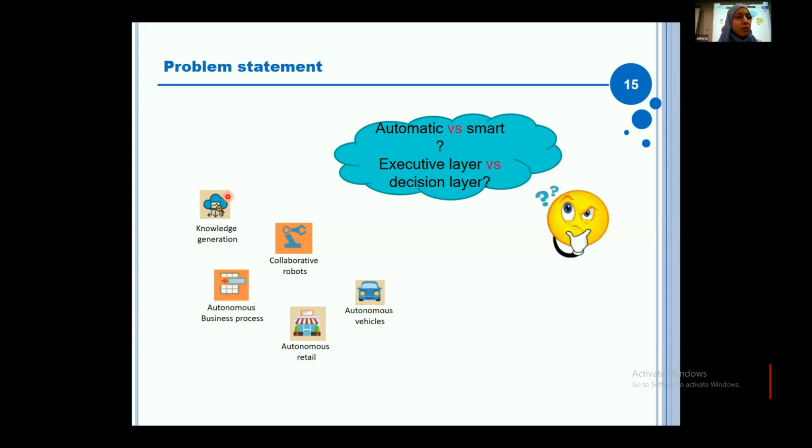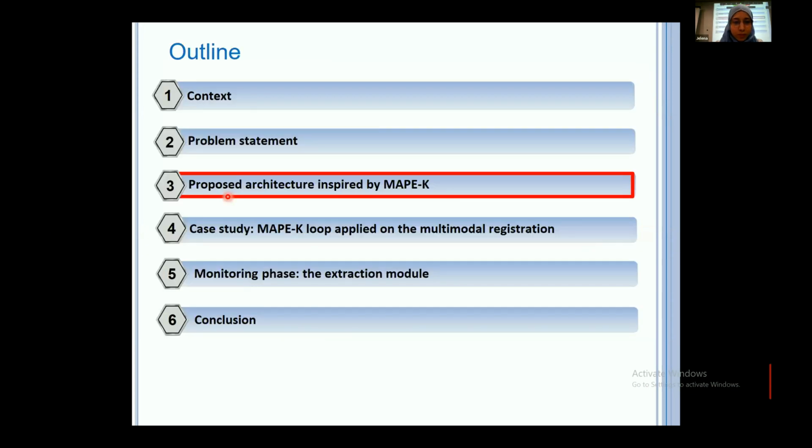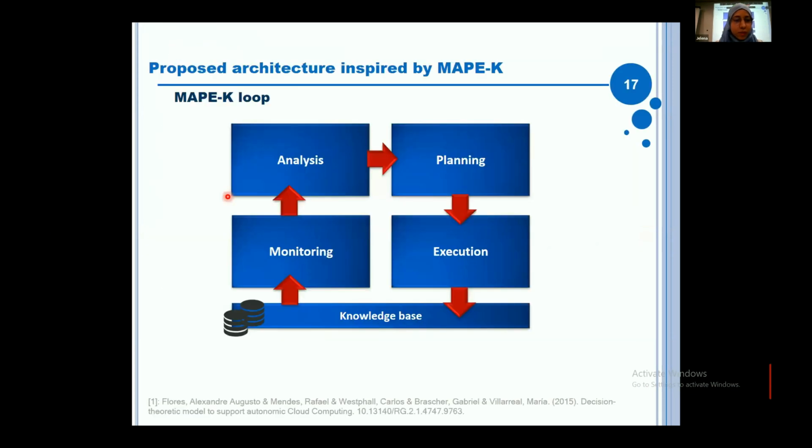That's why we decided to take inspiration from the architecture of autonomous systems to propose a smart registration solution. In the following slides, I will explain our proposed architecture. We take inspiration from the architecture of autonomous systems based on the MAPE-K loop.